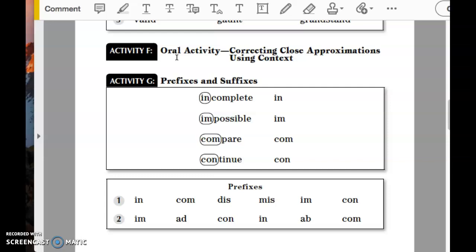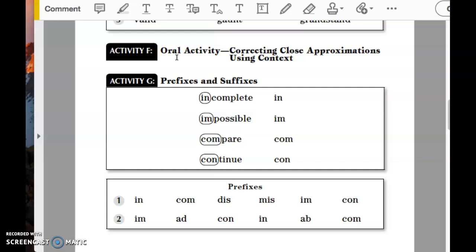I read the word vitamins. Change the word to make sense in this sentence. Many people take vitamins to improve their health. What should the word be? Vitamins. All right, perfect.